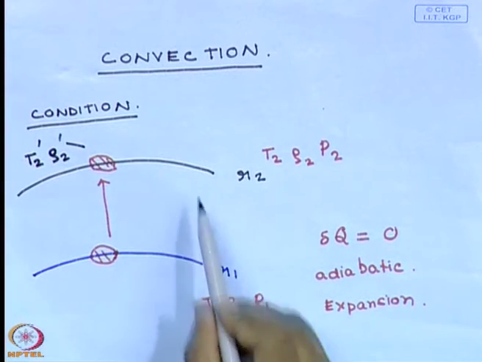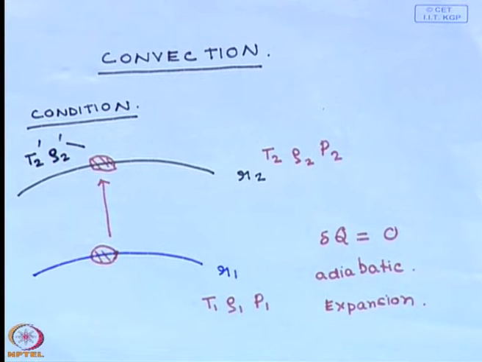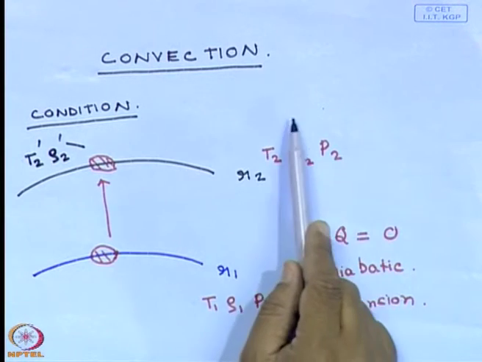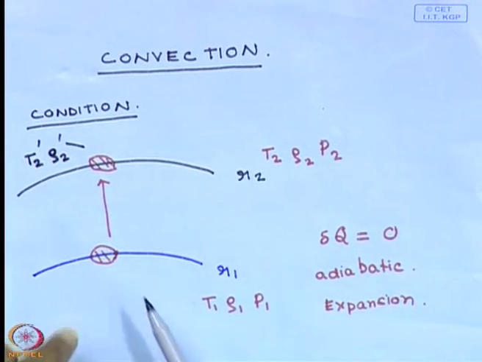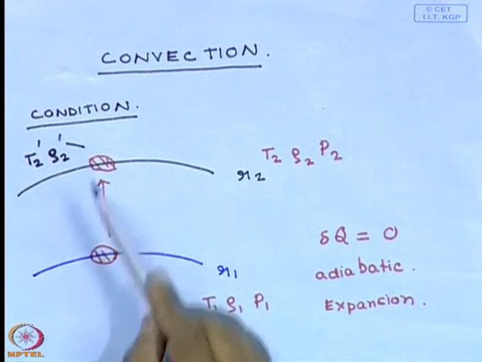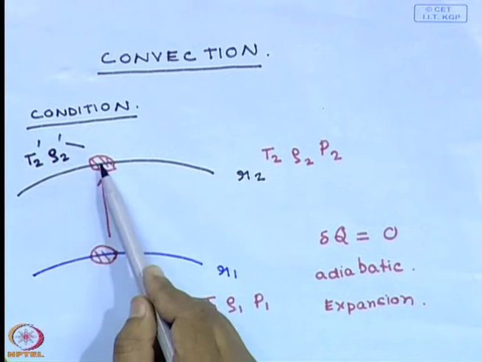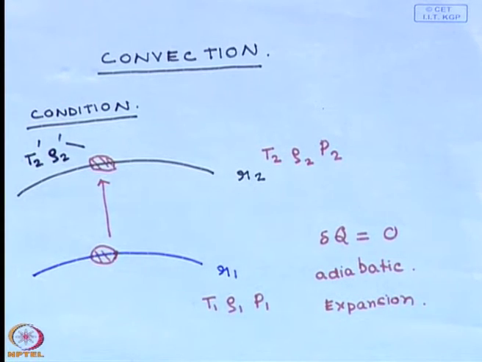The surrounding has temperature T2 and density rho 2, determined by radiation transfer, while the bubble expands adiabatically and its temperature is T2 prime and its density is rho 2 prime.